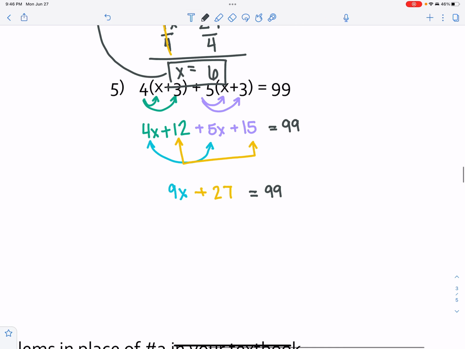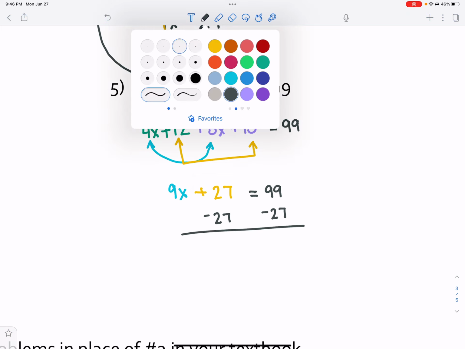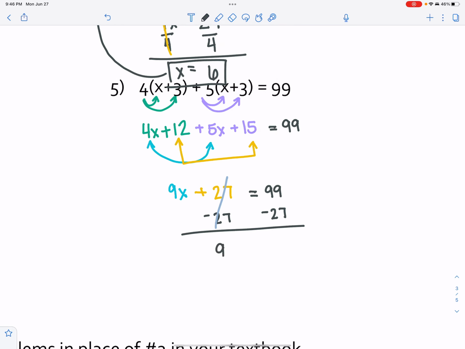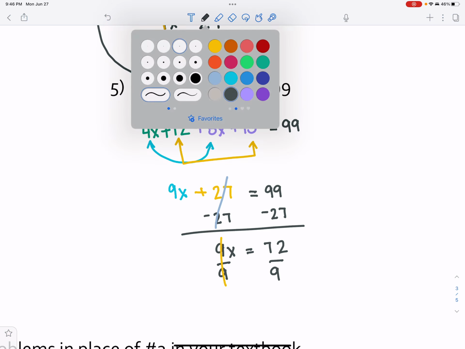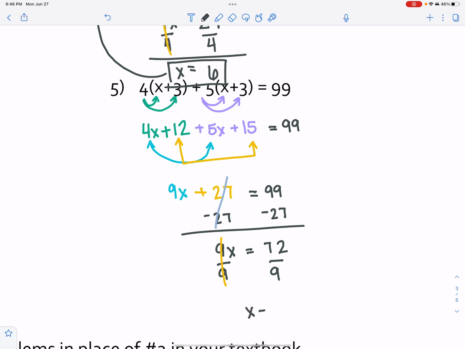Now the problem looks very similar to what I've been solving. I'm going to subtract 27 from both sides. My 27s are going to cancel, and that's going to leave me with 9x equals 72. Divide by 9, divide by 9. My 9's are going to cancel and leave me with x equals 8.